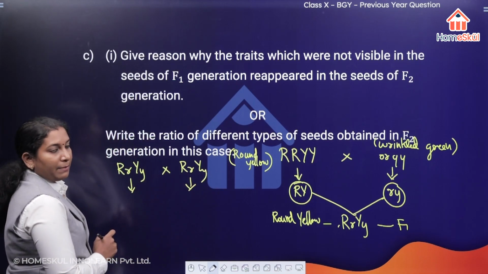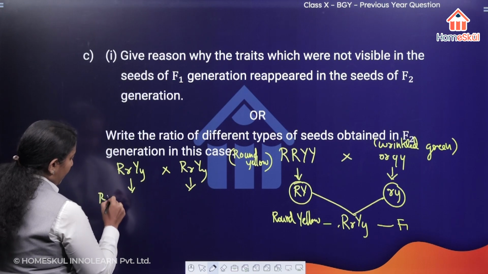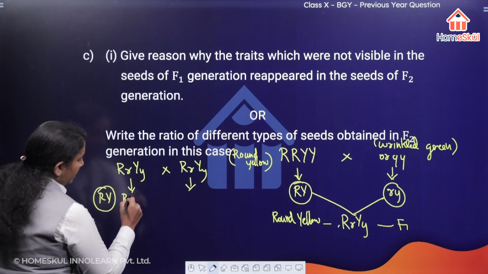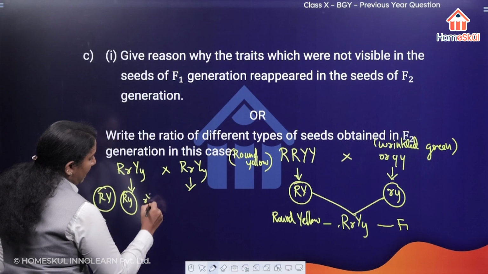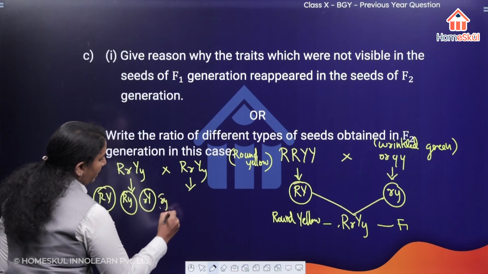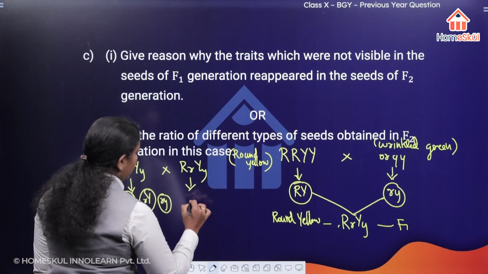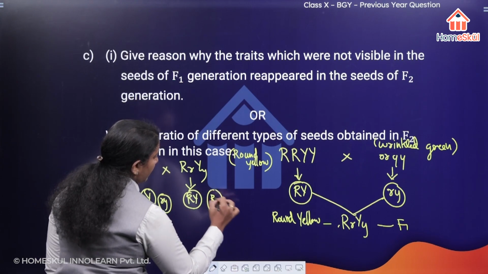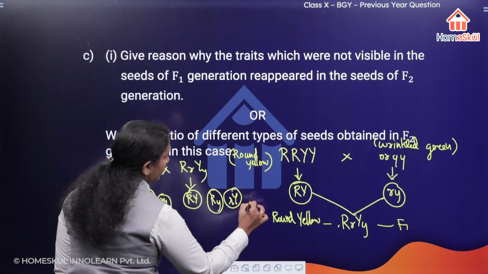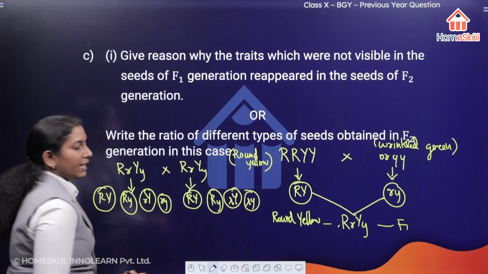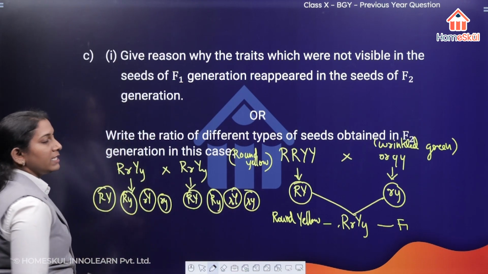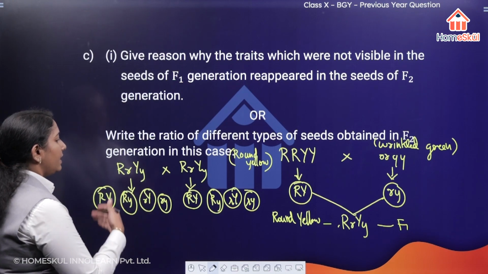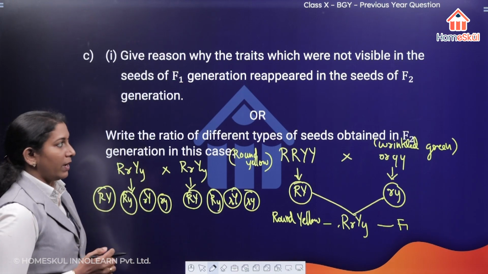Four different types of gametes will be obtained: capital R capital Y, capital R small y, small r capital Y, small r small y. Here also the same four gametes from each of these F1 progenies, right?